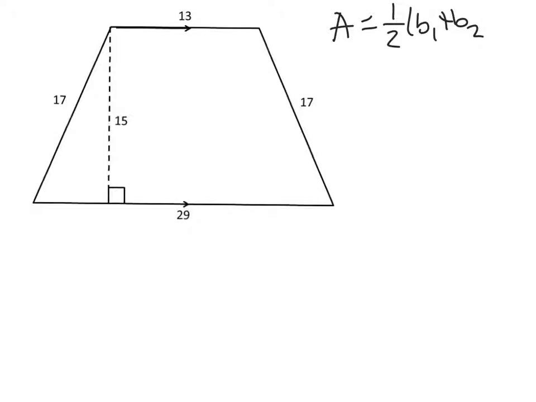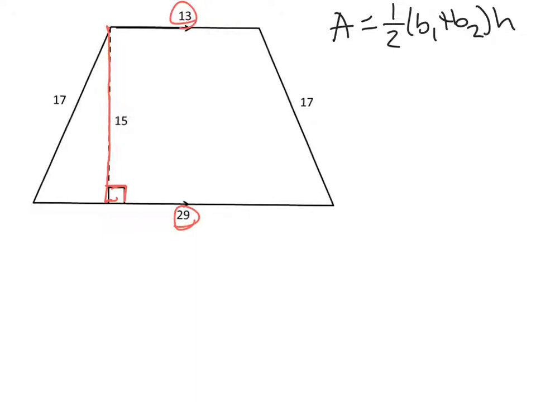And I know it's weird we call them base 1 and base 2, but base 1 is the bottom, base 2 is the top, or you could call them the other way around, base 1 being the top and base 2 being the bottom is fine. And all of that has to get multiplied by the height. And again, we're talking about vertical height here, so that's the straight up and down that's indicated by this 90-degree angle right here.